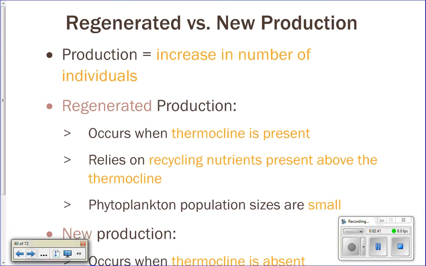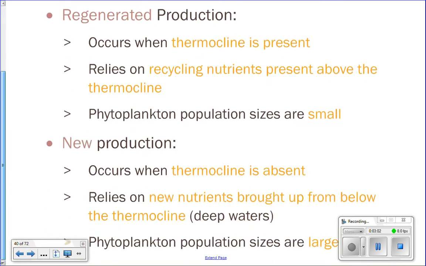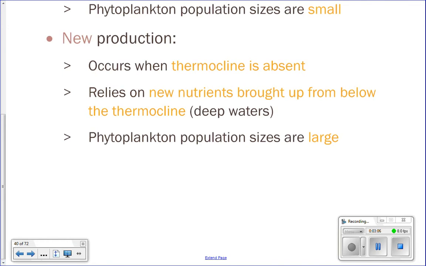So regenerated production just simply relies on the small amount of nutrients that you have above the thermocline. And that small amount of nutrients, because there's only a little bit, means that there will be small phytoplankton populations, because there's only enough nutrients to support a small population.